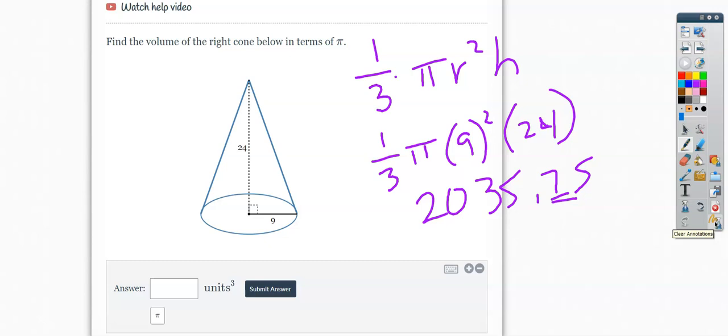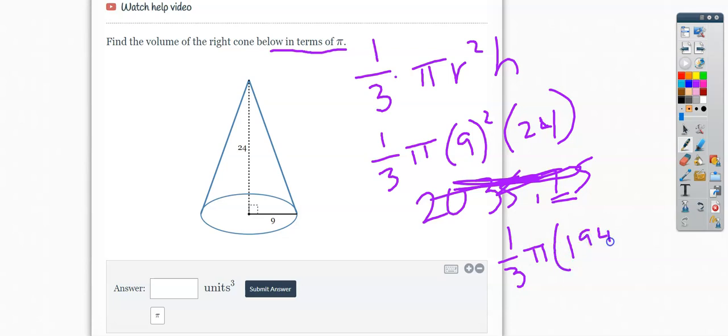So pause the video, use your calculator, check to make sure that, oh, wait a second. It says solve in terms of pi. So, scratch that. I'm just going to do 9 squared times 24. So I've got 1/3 times pi times 1944.